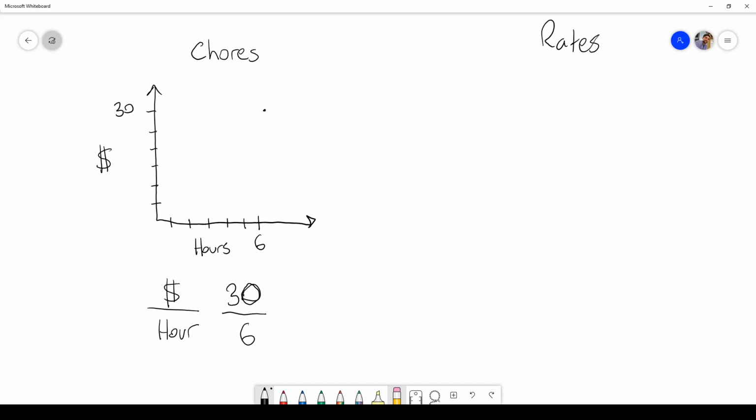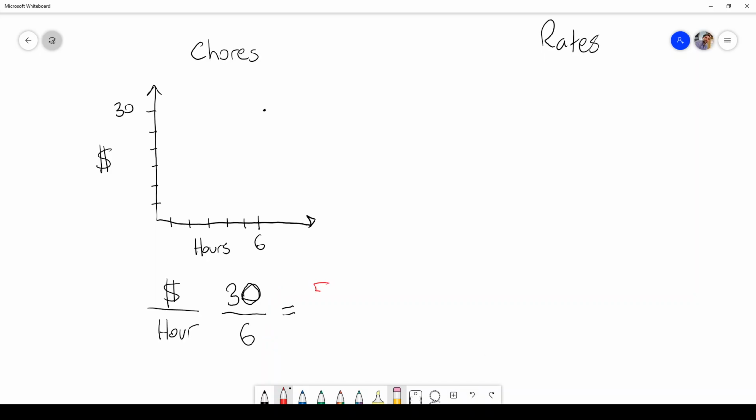Okay. $30 for 6 hours. Well, how much do I get per hour? Well, it's 30 divided by 6. You're just reducing this fraction. This is a fraction right here. If I reduce this fraction, I divide the top and the bottom by 6. That's essentially what I'm doing. Divided by 6, divided by 6. And what do I get?